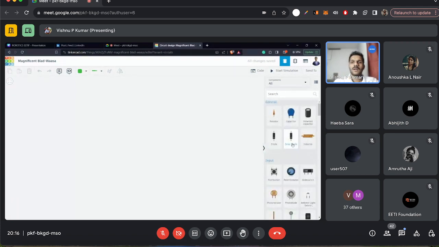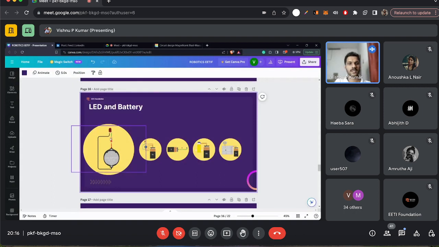Then you have different options here, like adding a comment, visibility toggling, and the wire color, wire type panel. For now we are just going to build a small LED circuit.